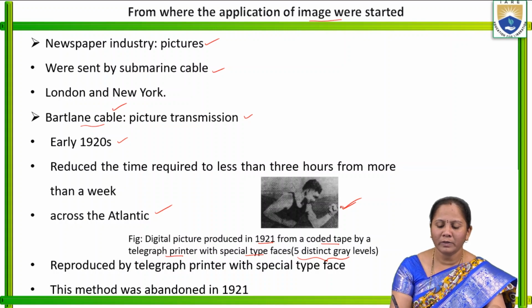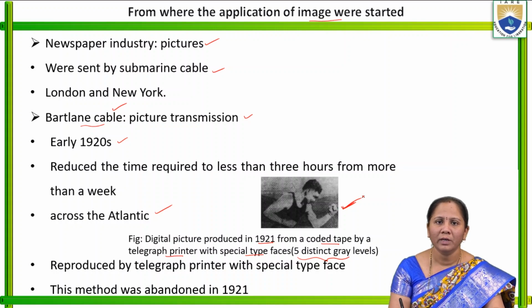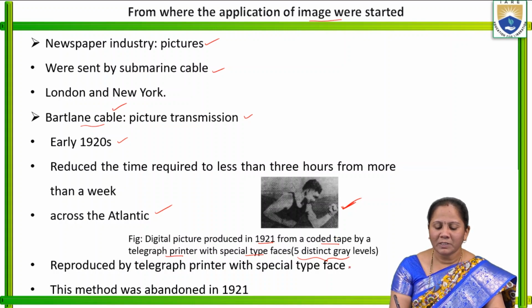That is why the quality of this picture is somewhat low. This picture was reproduced by a telegraph printer with special type face, whereas this technique was abandoned in 1921. That means they stopped using this technique from 1921, and the next technique came into existence to capture pictures.